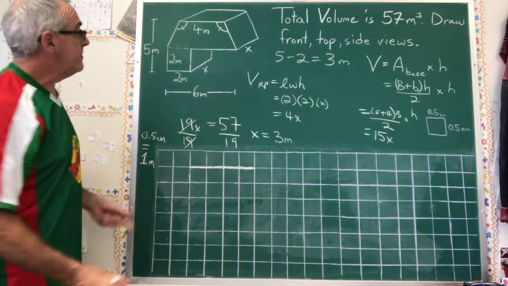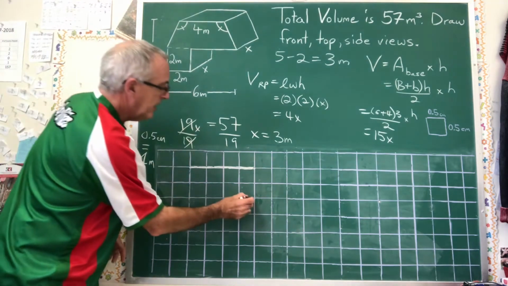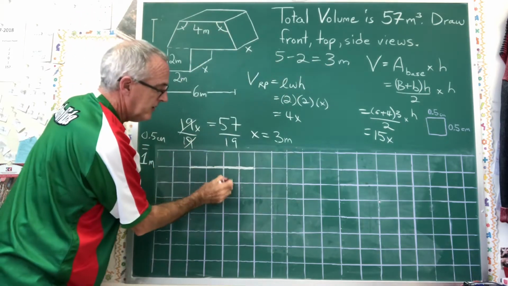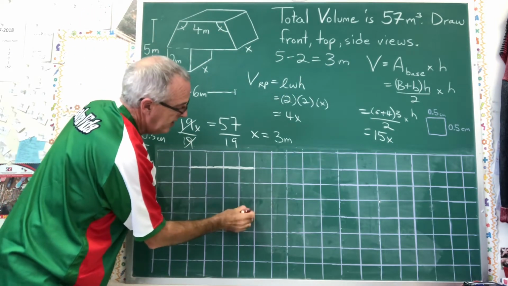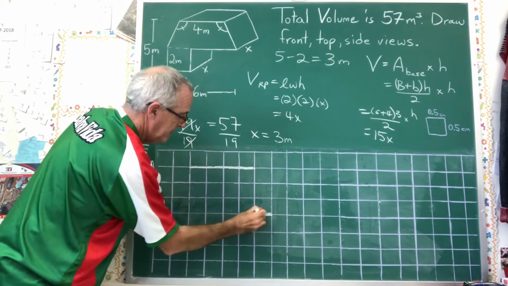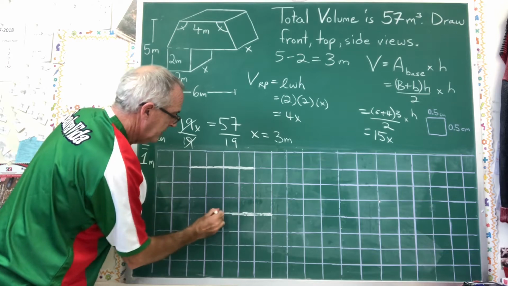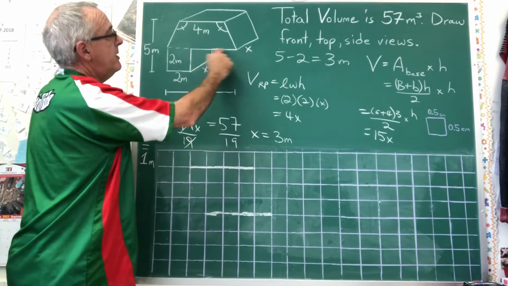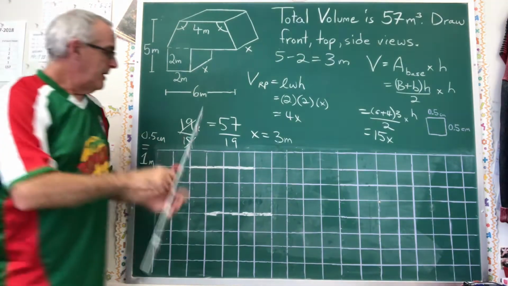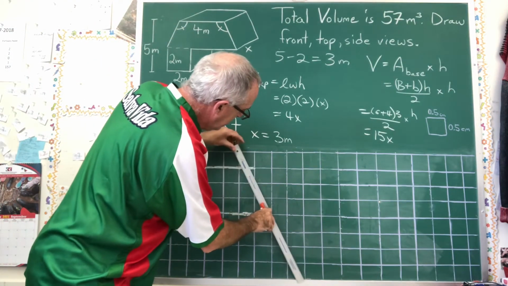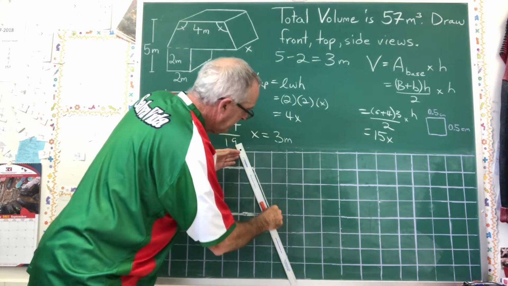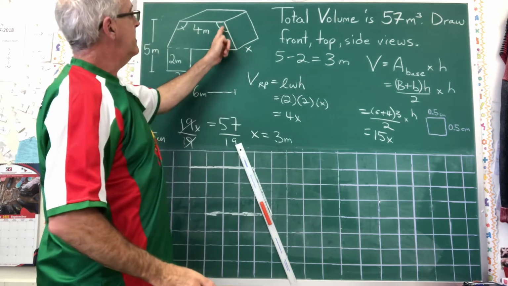So that's working. Then, below it, this is 3 meters, remember this height, so I have to go down 3 squares, and I'm drawing another line that's going to be 4 squares long. That's this part. Now I'm going to get my ruler, and I'm going to connect these 2 ends. And I've drawn this line.